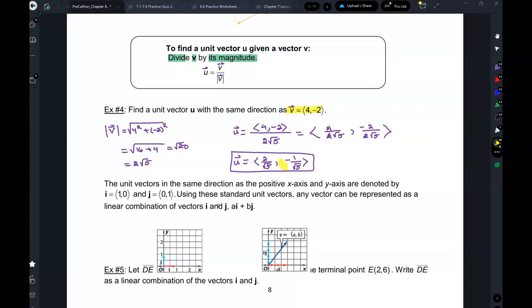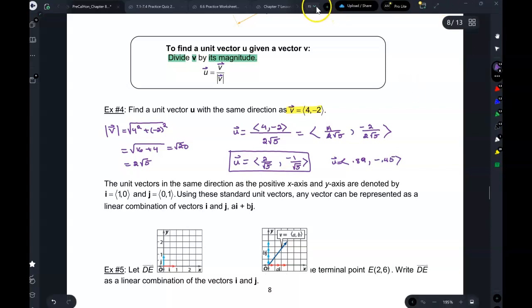So I'm going to plug this into my calculator and see what these crazy numbers add up to. So when you do that, 2 over root 5 is 0.89. And negative 1 over root 5 is negative 0.45. Okay, roughly.